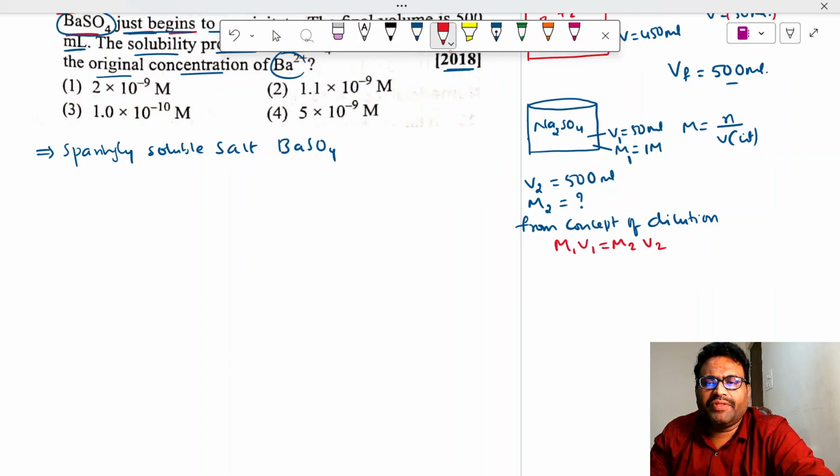M1 is 1 into 50 ml is equal to M2 into the final volume.